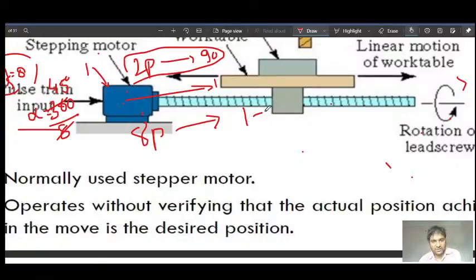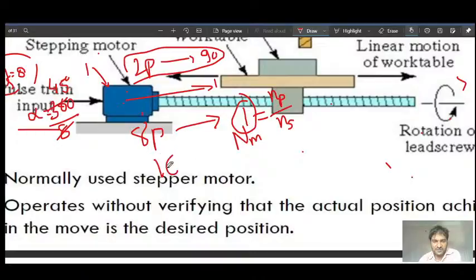How have we got one rotation? Simply by taking the number of pulses and dividing by the number of step angles. So let me write it for you: number of pulses, Np, and number of step angles, Ns. That's how we got Nm, obviously the rotation of the motor.